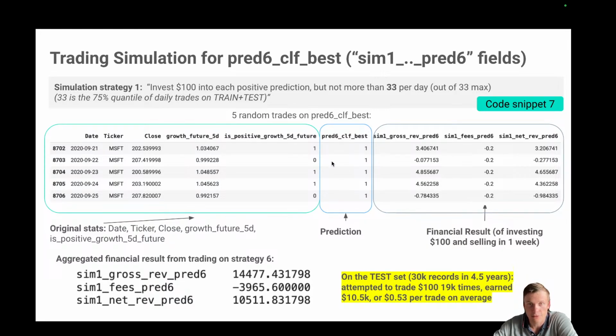Sometimes our predictions are not correct. For example, here on the second case, prediction was 1, so we predicted that it will grow. It didn't grow, but fortunately for us, the drop was very, very small, less than 0.1%, and we lost just 7 cents on this $100 operation, plus additionally fees of 20 cents, and the net financial result is minus 27 cents on this operation.